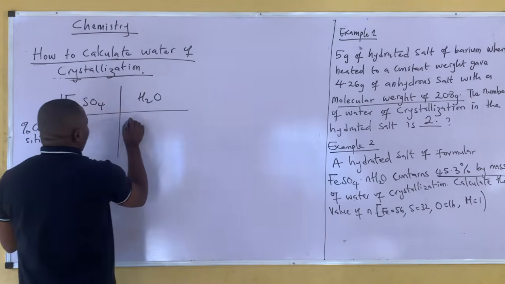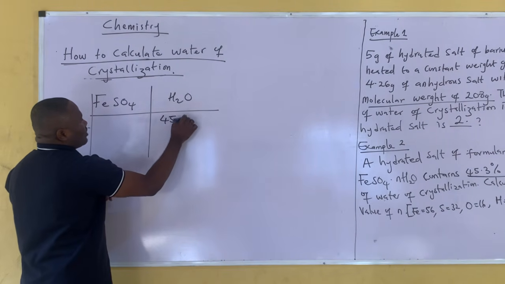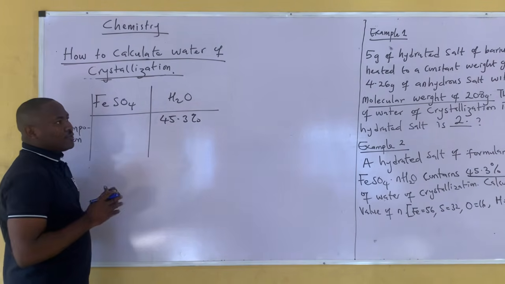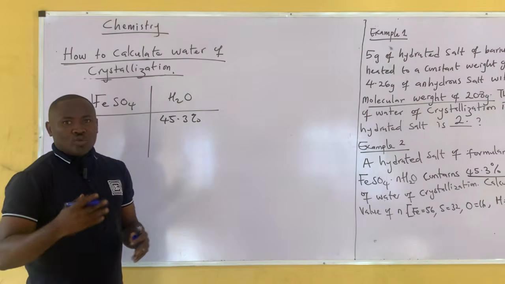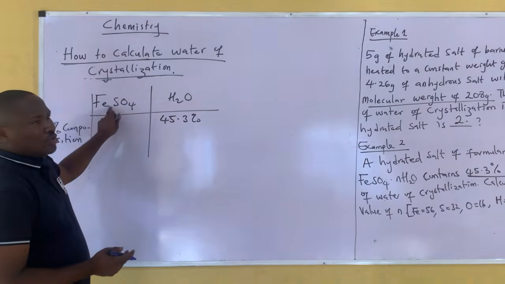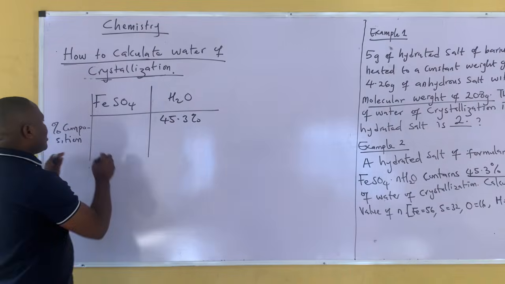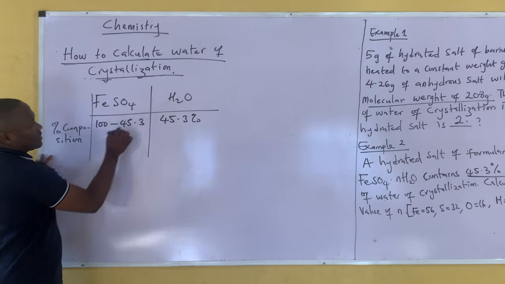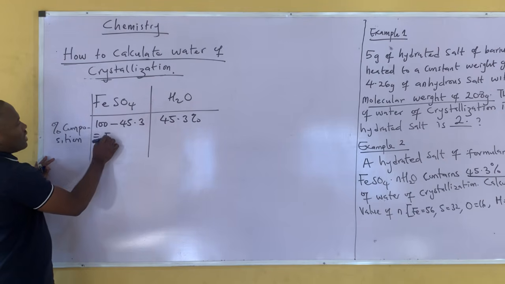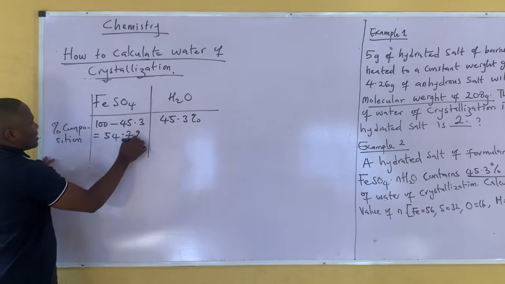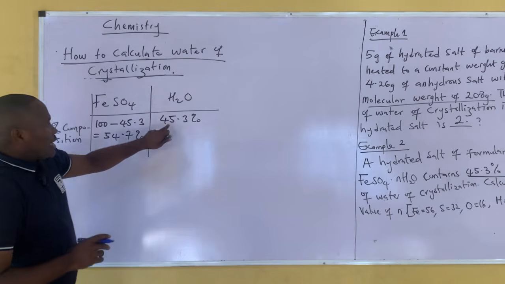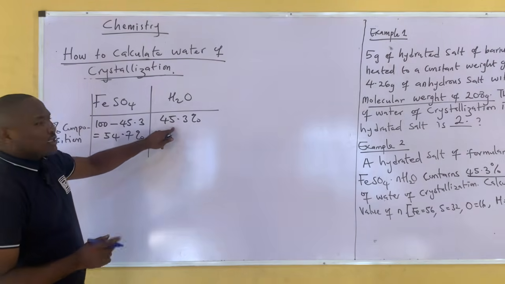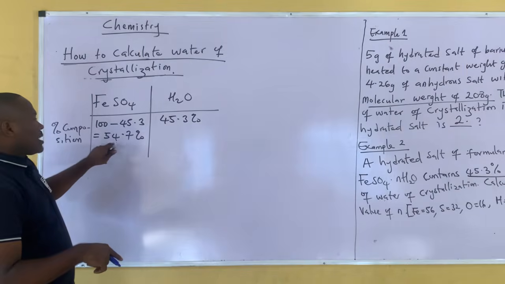So I'll come over here and put 45.3%. So if 45.3% is for water, what will be the percentage of the salt? It will be 100 minus 45.3. That will now give us 54.7%. Remember, they gave me this. I subtracted from 100% to get this.